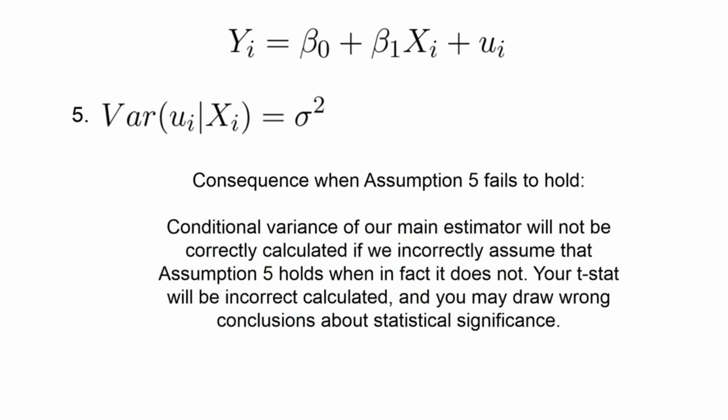The bottom line is the conditional variance of our main estimator, and I'm talking about beta 1 hat here. So the conditional variance of beta 1 hat will not be correctly calculated if we incorrectly assume that assumption 5 holds, when in fact it does not. Your t-stat will be incorrectly calculated, and you may draw wrong conclusions about statistical significance.